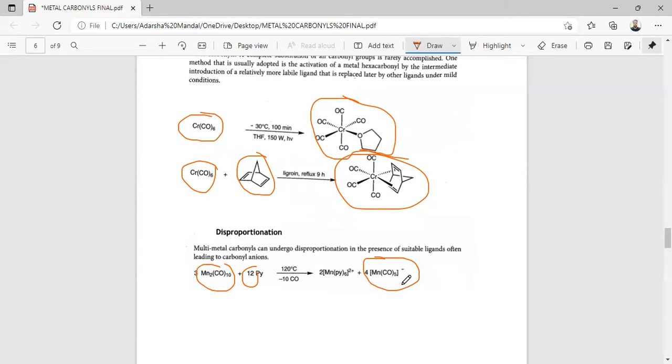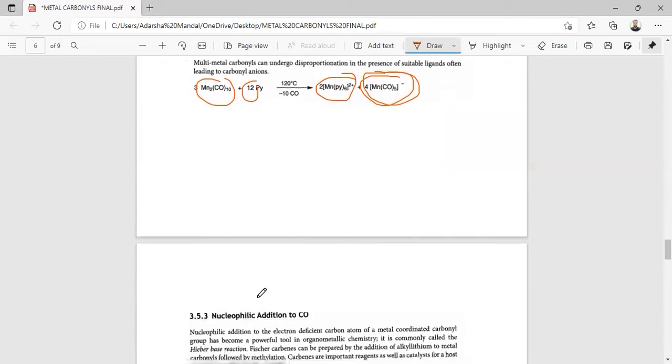So that's why here it is neutral and here it is in the +2 oxidation state. In the manganese, here it is in the -1 oxidation state. So here disproportionation of manganese happened to the +2 and -1 oxidation states. So that is one important reaction. The metal carbonyl can undergo the disproportionation reaction.